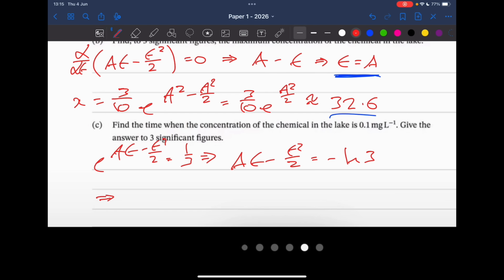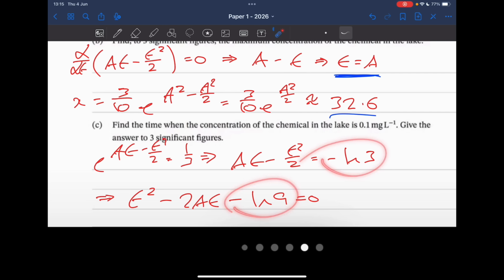Times it by 2, why not? And make the t squared positive, so going to the right hand side here, we'll have a t squared, we will have a minus 2at, and we'll have a negative log 9, all equal to 0, as in 2 log 3 becomes a log 9.